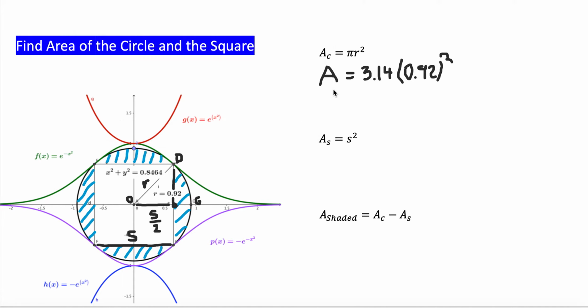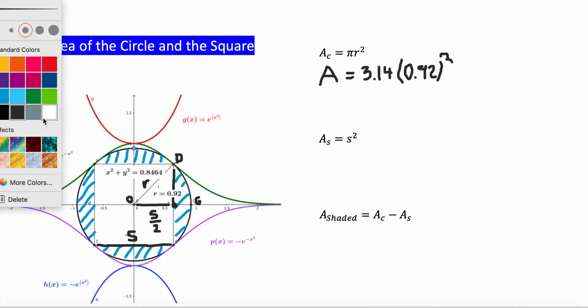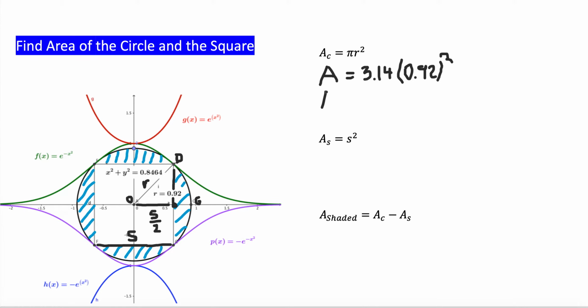Let's approximate to 2 decimal places, so A is equal to 2.66. We don't know exactly what units are, but let's say units square. I am calling this u as abbreviation for units.